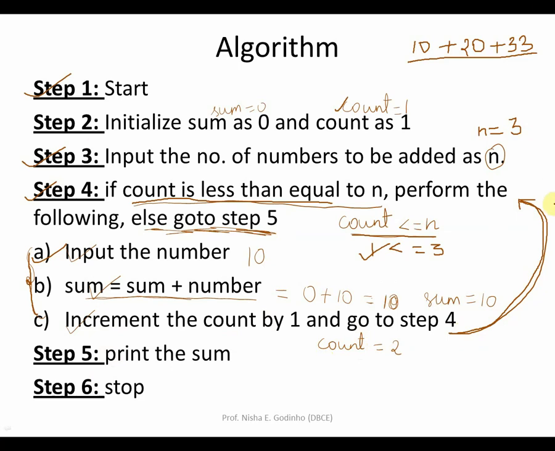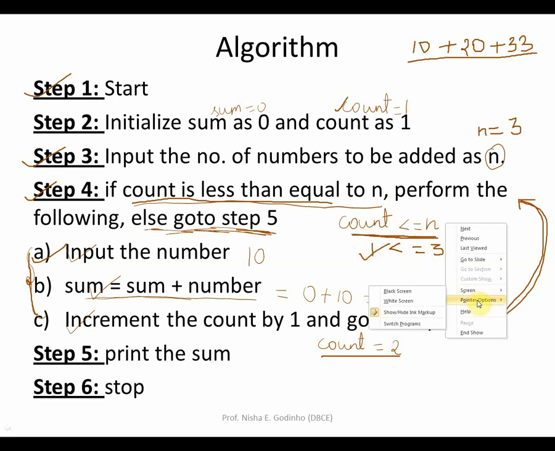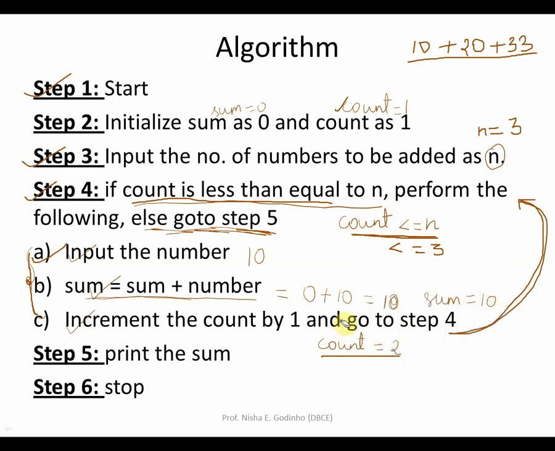Okay, so this time again you have to check for this condition, count less than equal to n. Now count variable, if you see over here, count variable is incremented to 2. Okay, it's no more 1. Hence, let's just erase the old value.